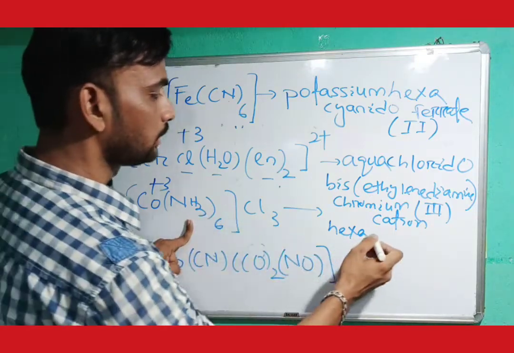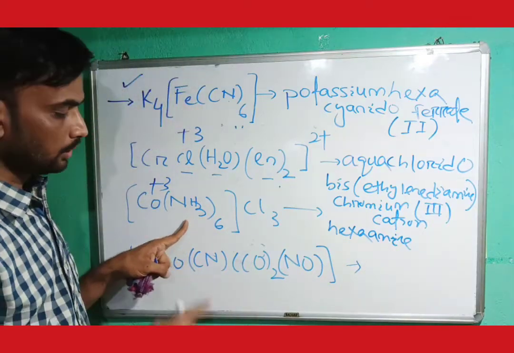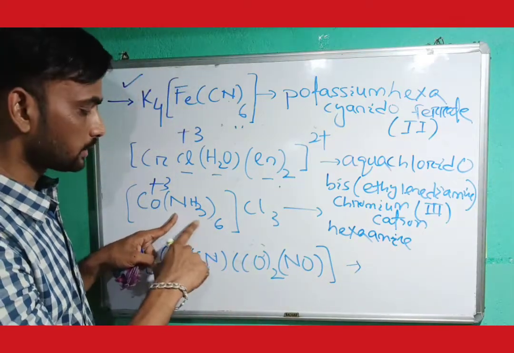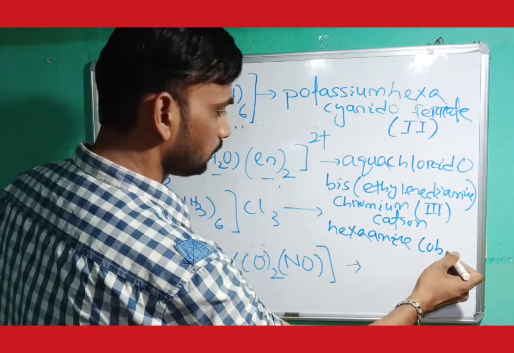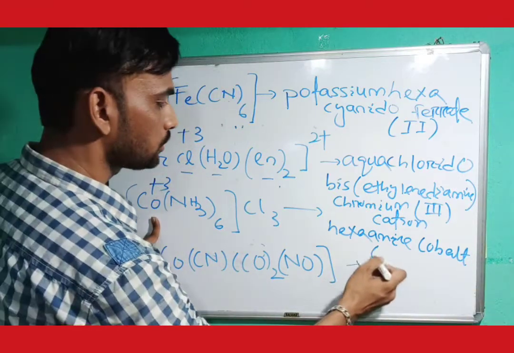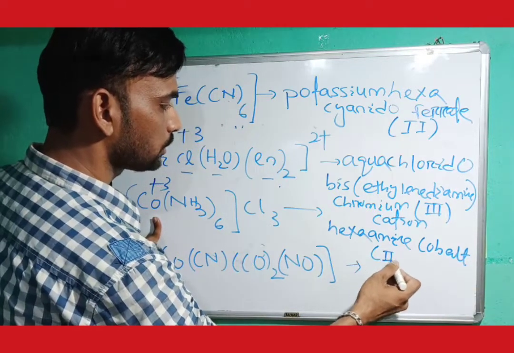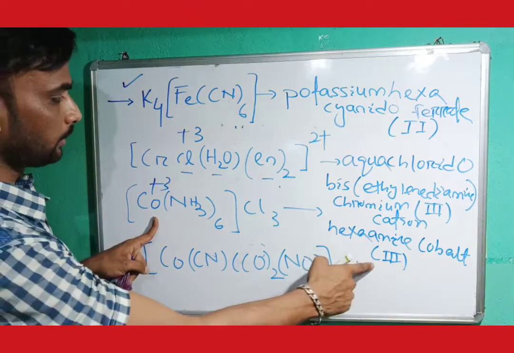Clear? Hexa amine. Amine is a neutral ligand, so it remains the same. Then you can write the metal atom, that is hexaamine cobalt. In the bracket the charge triple I, hexaamine cobalt triple I.